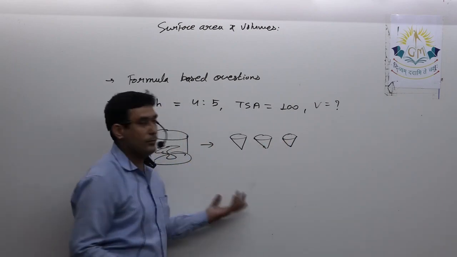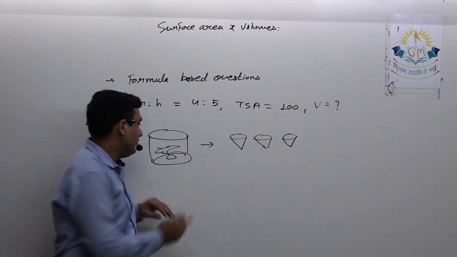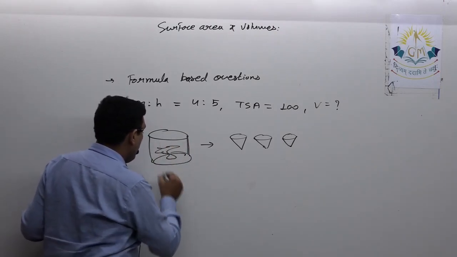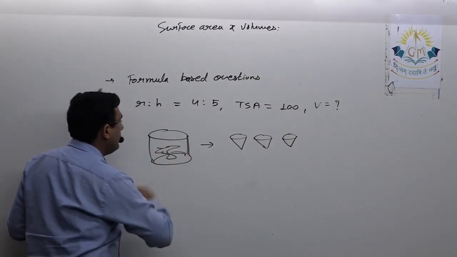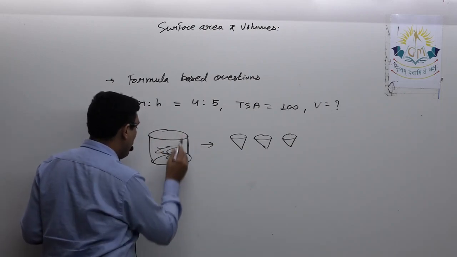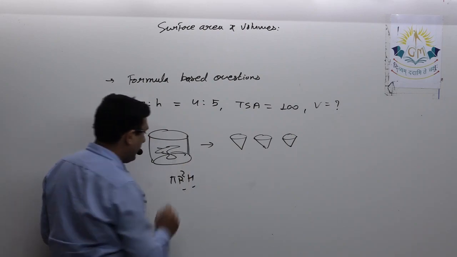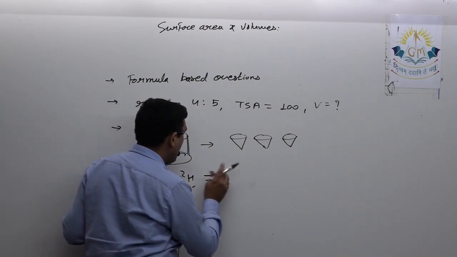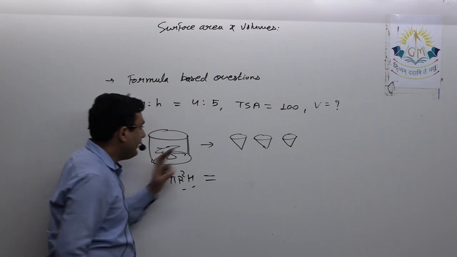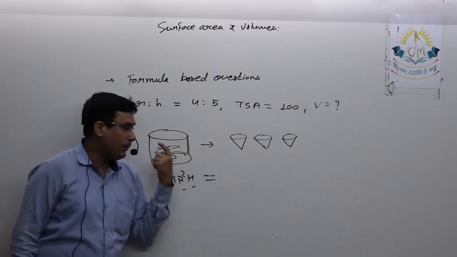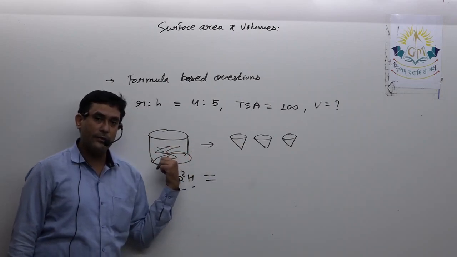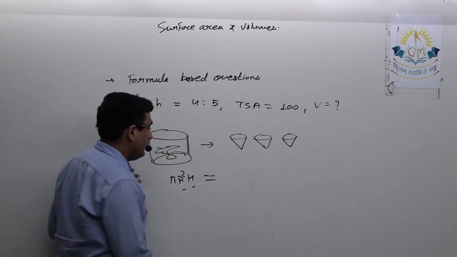So how many ice cream cones can be filled? For this, you have to compare the volumes. For example, the volume of the cylinder is pi r square h. Definitely radius and height will be given to you. We can equate this, because we are filling these cones with the ice cream which is in the cylinder.